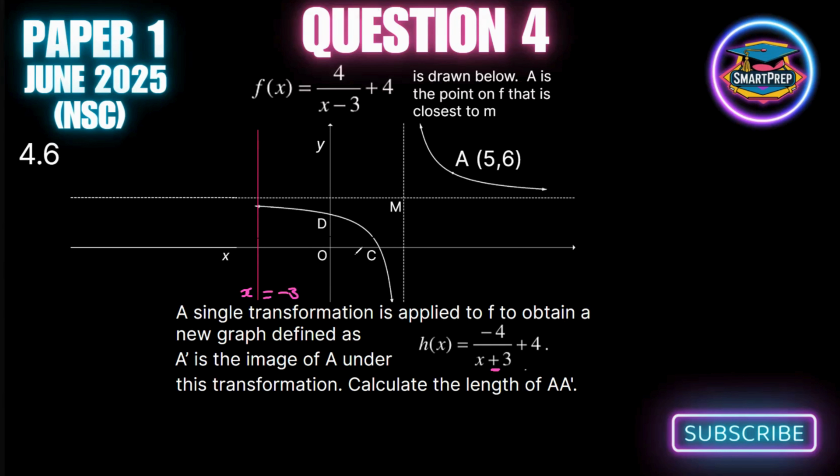Now what we notice here is that it's still plus 4, and so it has simply gone up by 4, so it stays along there, and I'm just going to draw where it would then become. So now the new asymptote is this one in pink, and the horizontal asymptote remains at y equals 4 because of the 4 here.